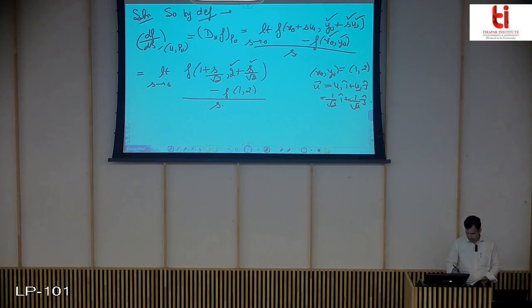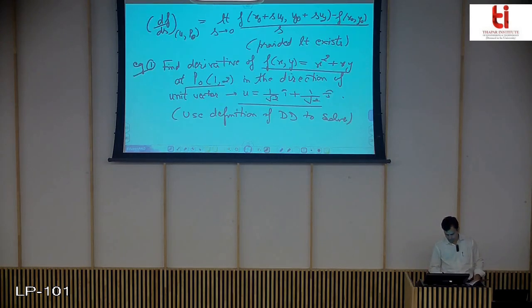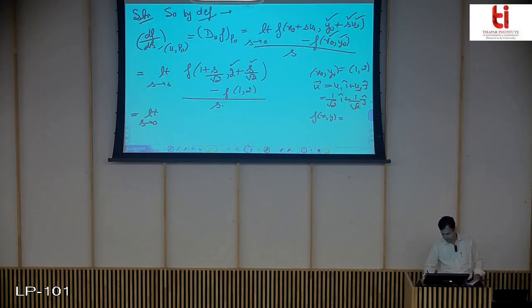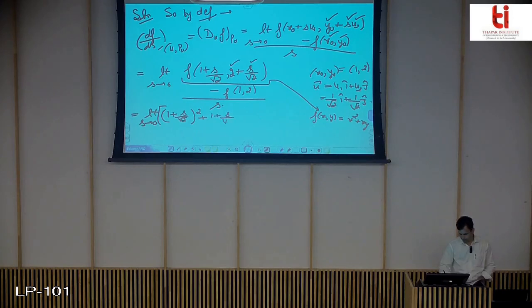So this gives you the limit as s tends to 0, where f(x, y) is given by the formula x squared plus xy. Using this function, you will get (1 plus s over root 2) whole squared plus (1 plus s over root 2) into (2 plus s over root 2).